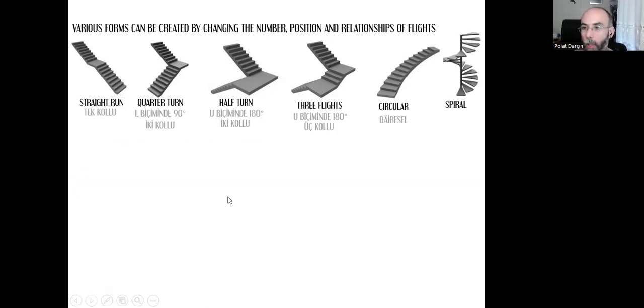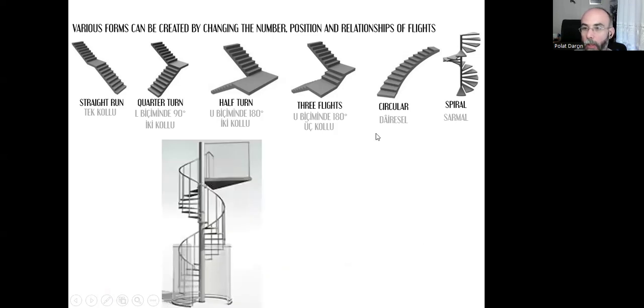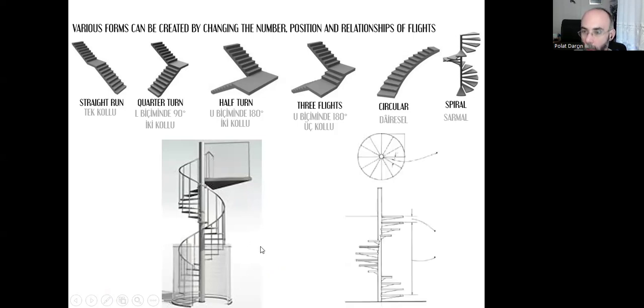Or we can have a spiral staircase, sarmal merdiven. They look like each other. There's one specific difference. Here we have one central point, and there is no gap as a well hole.